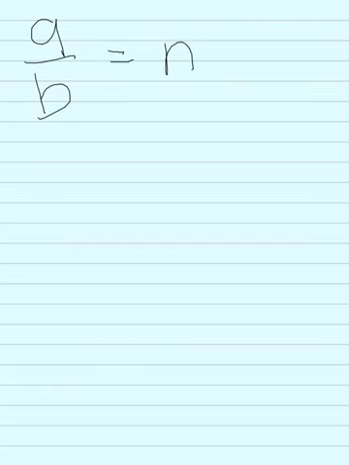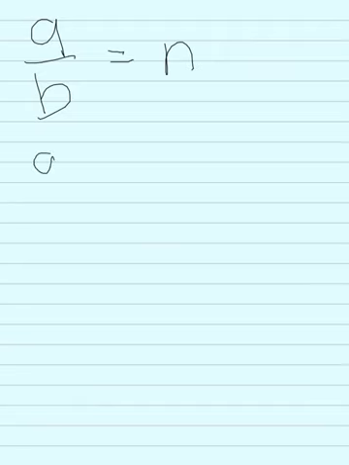What does it mean to divide two numbers? So let's say we want to divide a and b, and we'll call this number n. What we're doing here is we're asking the question, how many times must I add b to itself in order to equal a? And that number is equal to n.